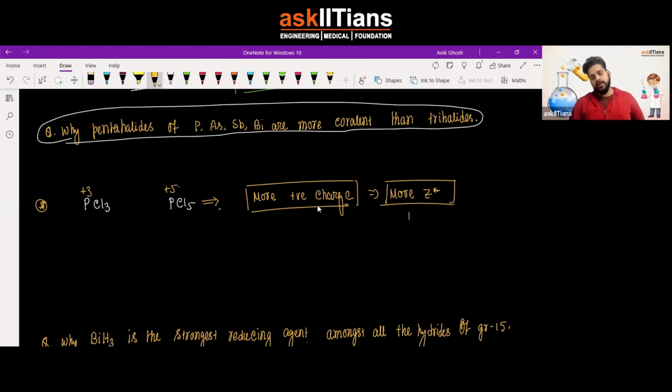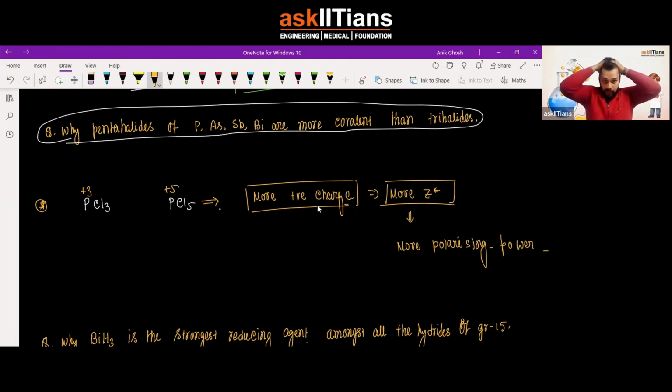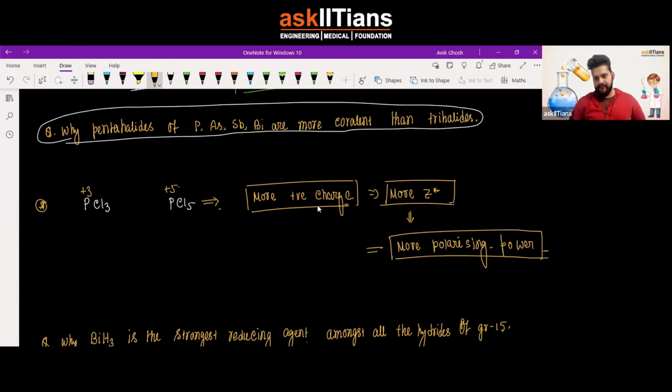More Z star leads to more polarizing power. More polarizing power, right? If I have a +5 oxidation state, it can polarize the electron cloud of the covalent compounds very easily. If they have more polarizing power, then more covalence in nature.